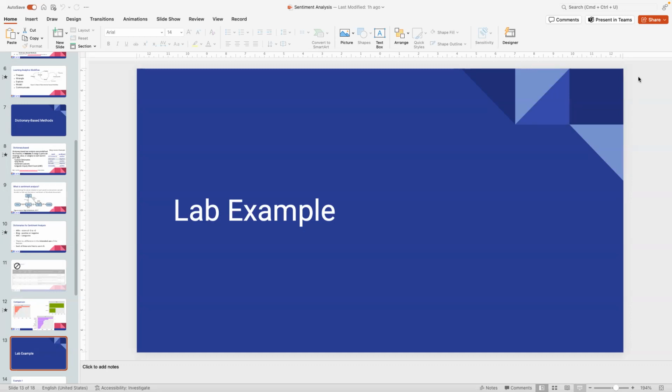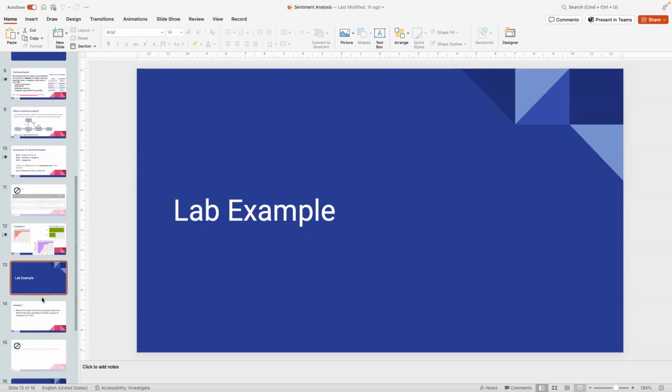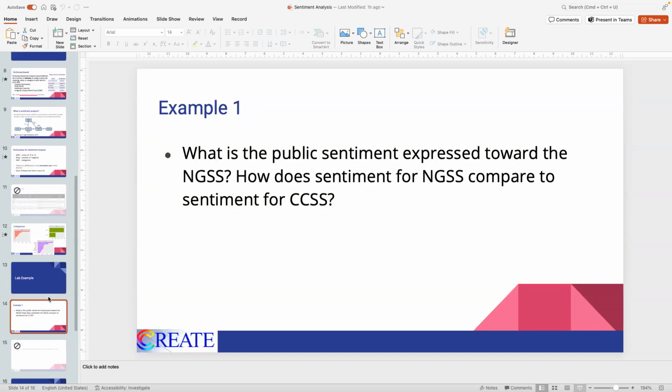You can access the libraries and see for yourself all the different options. In the lab, we're going to look at an analysis of this question: What is the public sentiment expressed towards the Next Generation Science Standards, and how does it compare to sentiment for the Common Core State Standards?